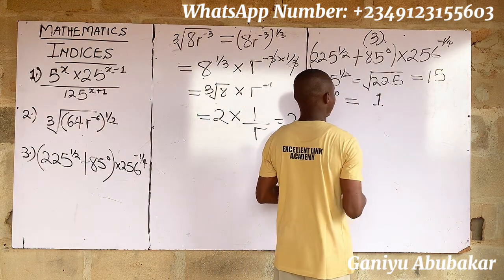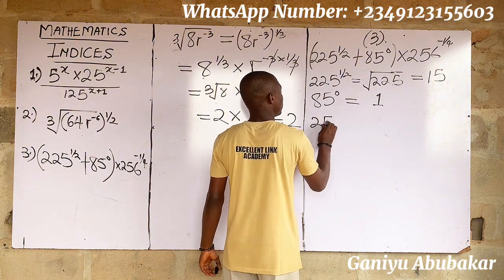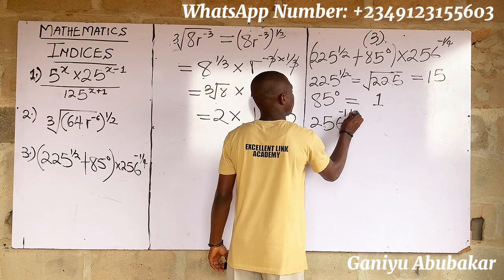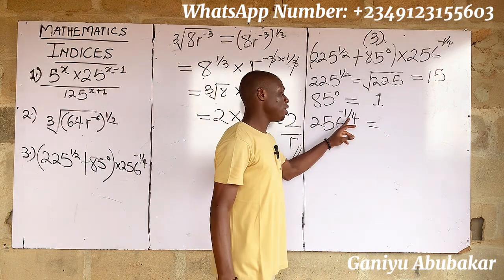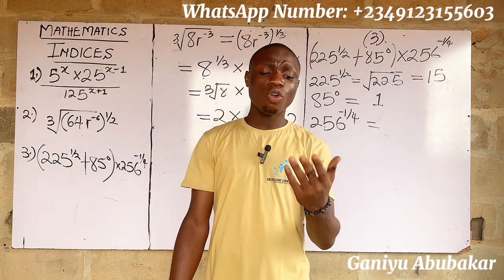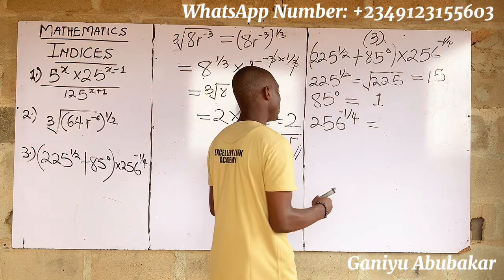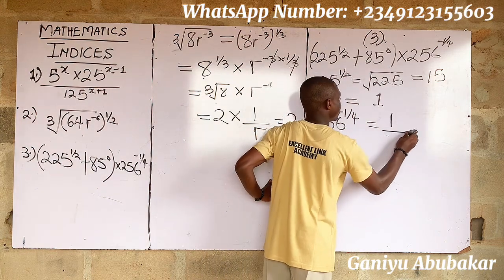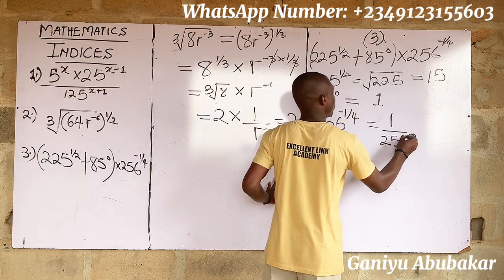I have this. Similarly, I have 256 to power minus 1 over 4. Now, when I'm having a negative index, that becomes a law under indices, a negative index law. We said the negative becomes an inverse of what? 256 to power what? 1 over 4.